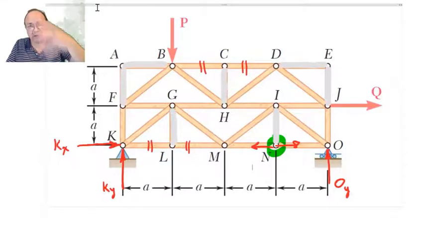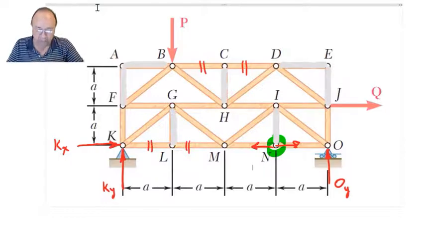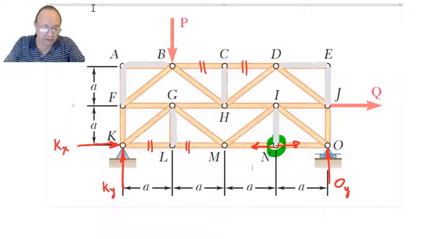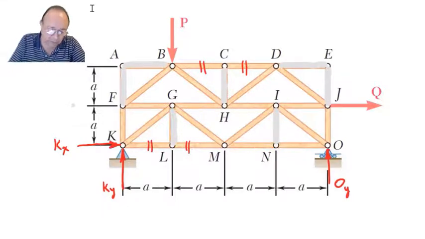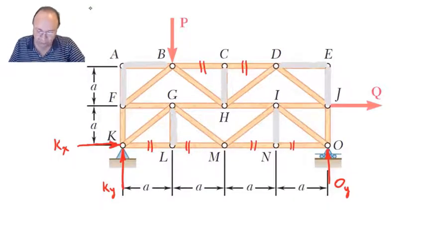We can remove it for our calculations. The bar has a purpose there. I will show you next a short video where they explain why some bars, even though they have 0 force and are called zero force members, have a reason to be there. Here we can say that bar MN is equal to NO.